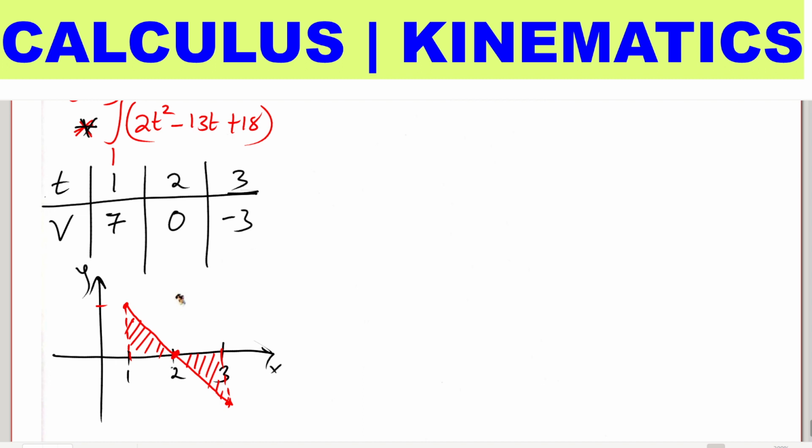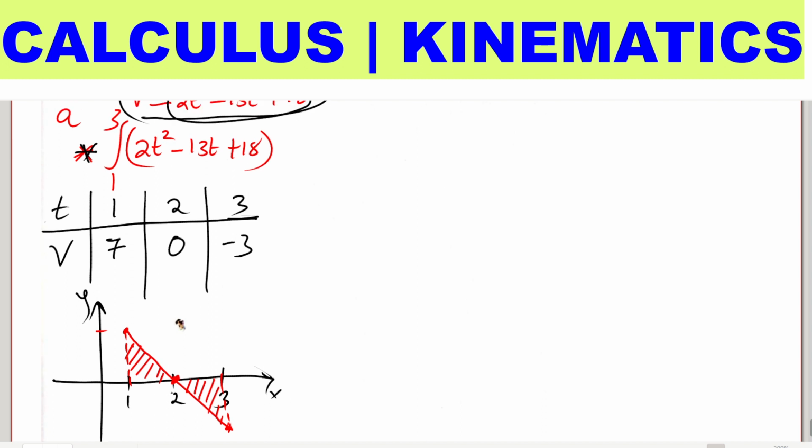But if you just do a direct integration from 1 to 3, you're going to be wrong, because you made an assumption that the whole of that area between 1 and 3 lies either above the x-axis or below the x-axis. So it is good to visualize this. This tells you that we need to break it down into 2, and that is what I'm going to do here.